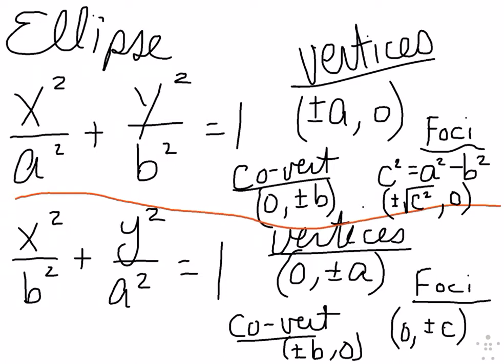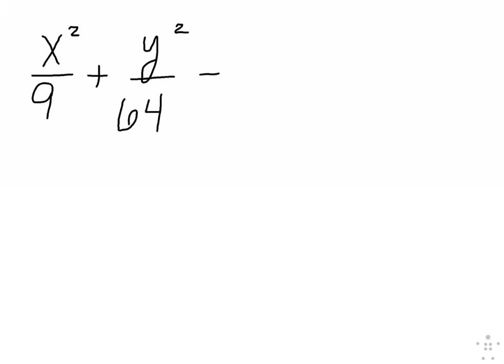Okay, so here's what it's going to look like. It's going to say something like x squared over 9 plus y squared over 64 equals 1.